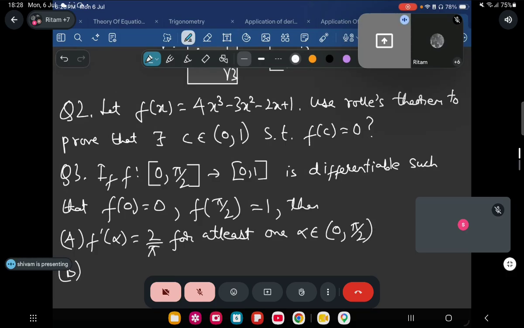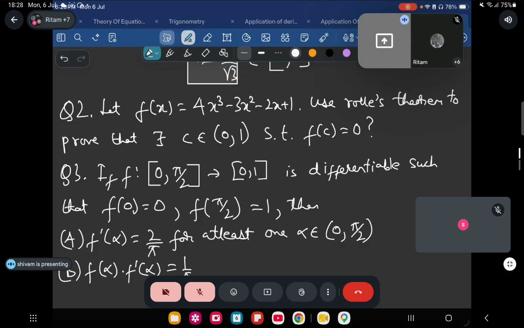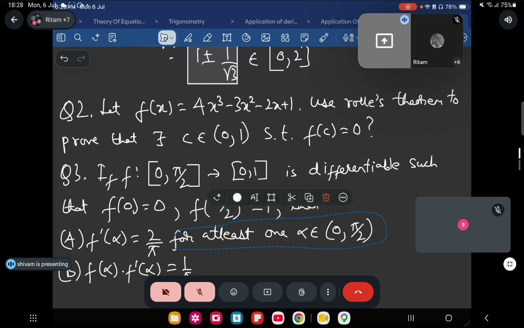Option B, f of alpha into f dash alpha is equal to 1 by pi for at least 1 alpha belonging to 0, pi by 2.